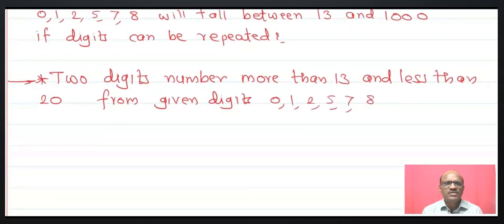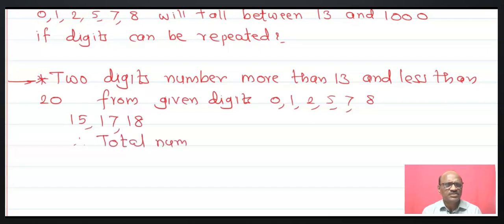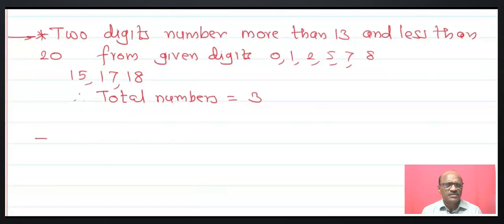The two digit numbers more than 13 and less than 20 we form first, because we cannot form other two digit numbers by using the given digits. Above 13 we have the numbers 15, 17, 18. Therefore the total number is equal to 3.